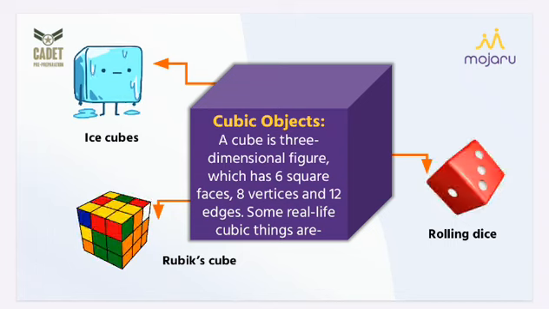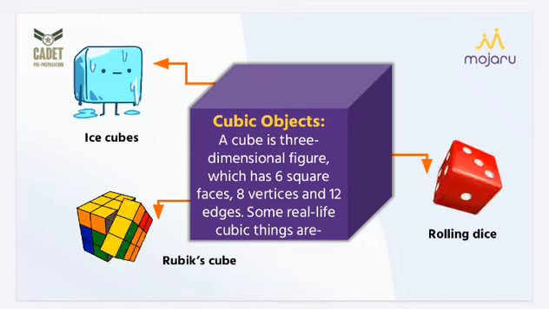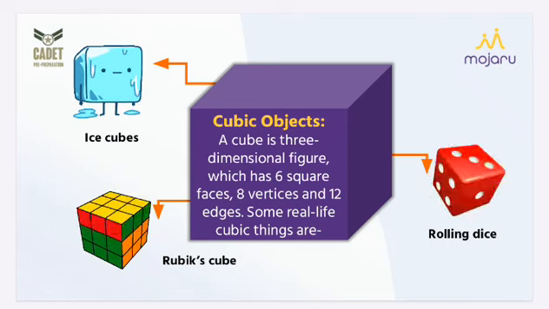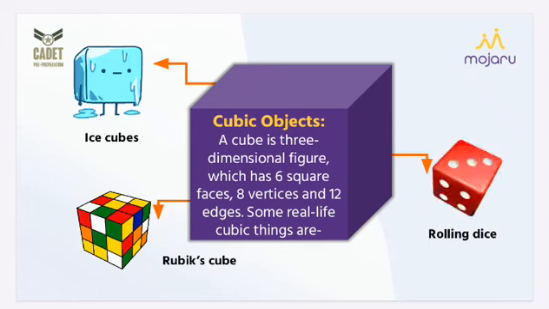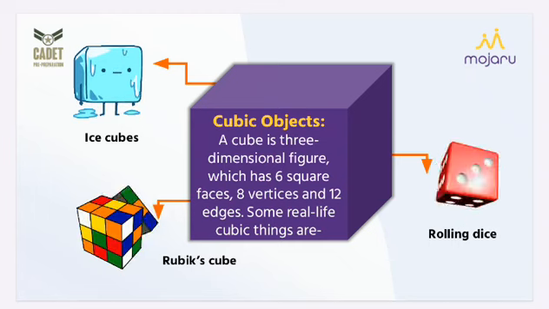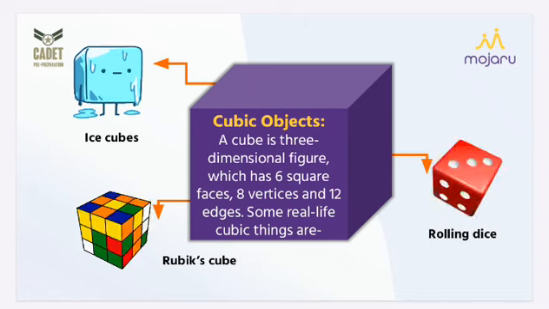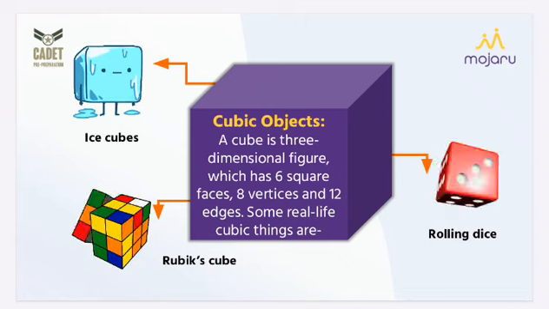If we add 6 squares together and make a closed figure, it will be a cube. It has 6 square faces, 8 vertices, and 12 edges. Some real life examples we all learned earlier.